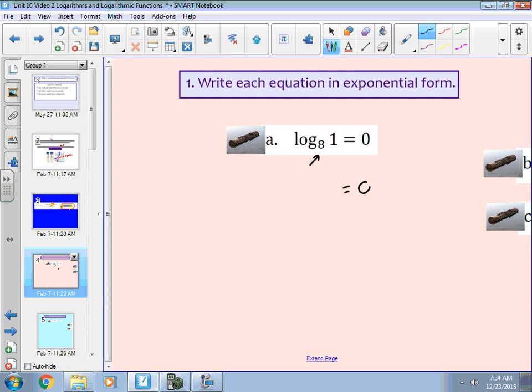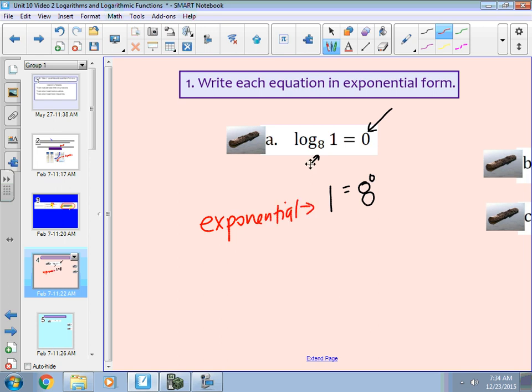In exponential form, 8 is going to be the base of our exponential. Whatever this log is equal to just stays where it's at. So the only number left that we haven't used yet is 0. That becomes our power or exponent. So as an exponential function, that's what this one looks like.